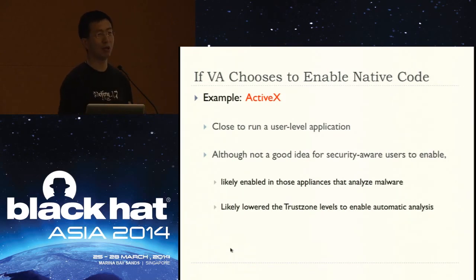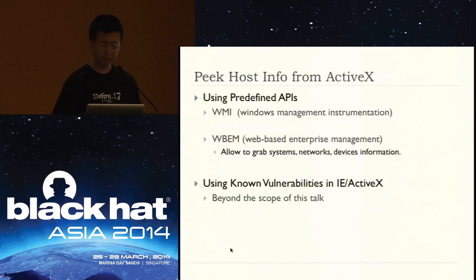For people that know ActiveX, it's actually running native code. You can have a compiled object like x86 code and run it. Now, you can do a lot of things once you have the other side run this ActiveX or native code. We actually chose to do something very simple. We looked around and found that Microsoft supports WMI, Windows Management Instrumentation.